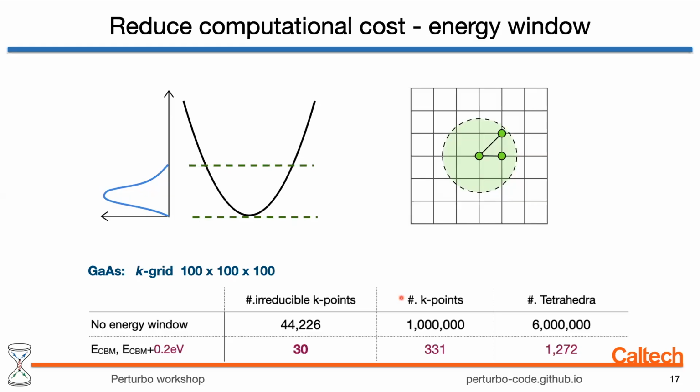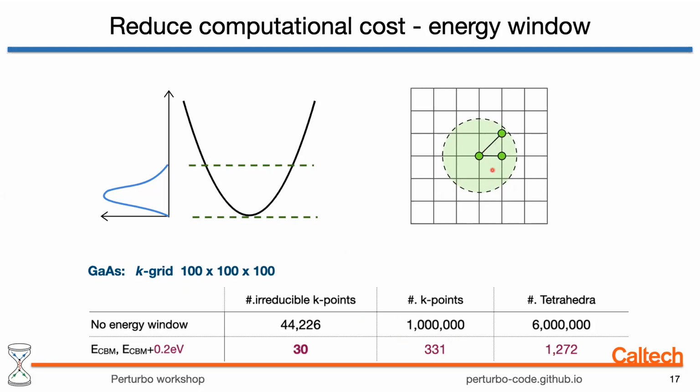To give you some examples of how drastic an effect this has, if we start with gallium arsenide with a K grid of 100 cubed, by just using the energy window, i.e. just using this green circle here, we go from 1 million K points down to 331 K points.